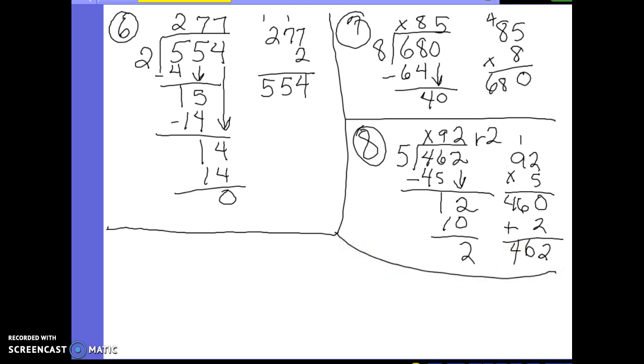Okay, I'm going to add a new sheet. You probably have room. Now we're going to work on number 9. 522 divided by 18. I'm getting a little tougher, 2-digit divisors. How many 18s in 5? None, right? How many 18s in 52? Let's round 18 to 20. How many 20s in 52? 2.